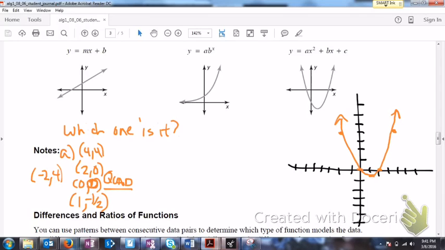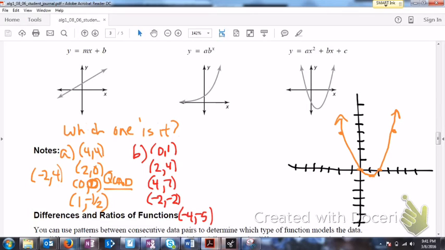Alright, let's look at another one here. Part B, we got the points (0, 1), (2, 4), (4, 7), (-2, -2), and (-4, -5).